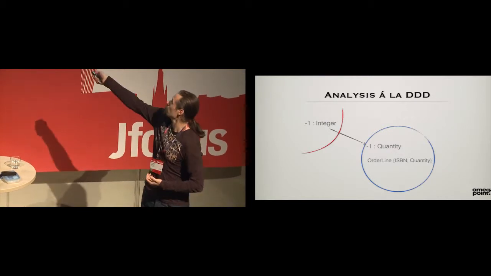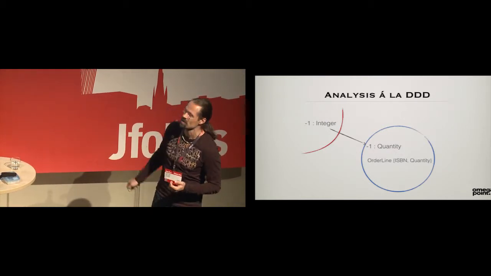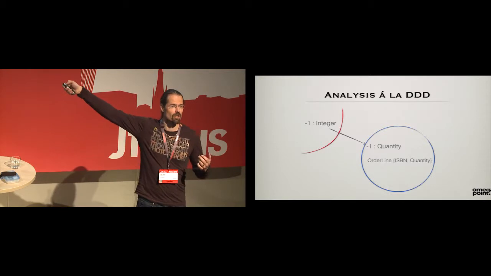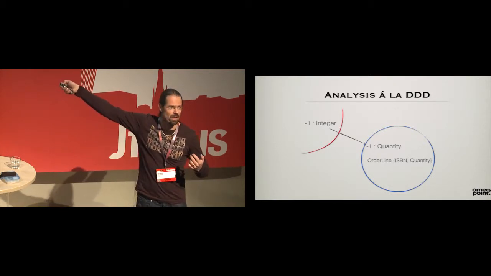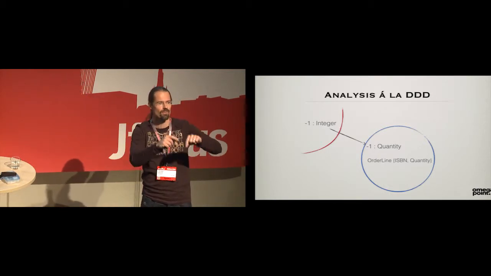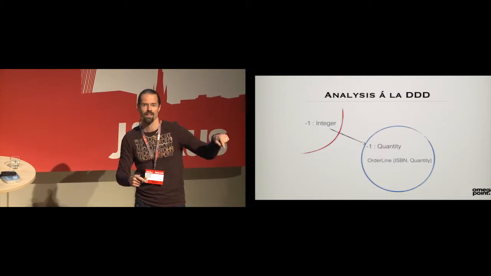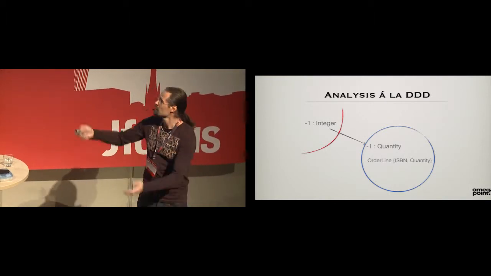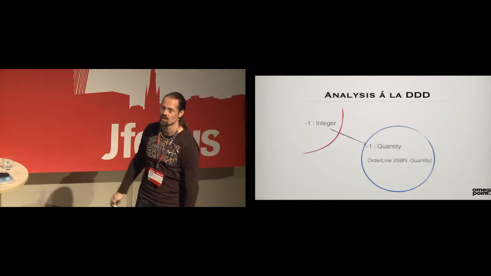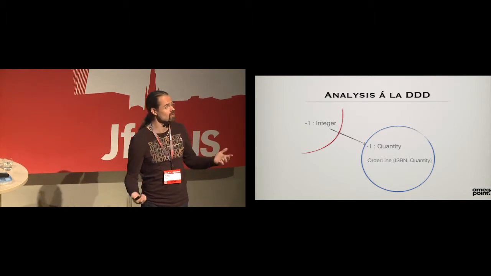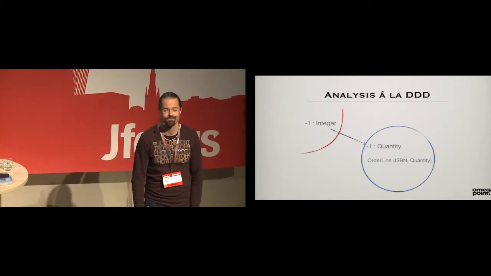We want to talk about ISBNs and quantities. Outside of our domain, it's a -1 when the tester actually entered the -1 value into the field. But here we want to regard it as a quantity. And now we can say that -1 is not a sound quantity.